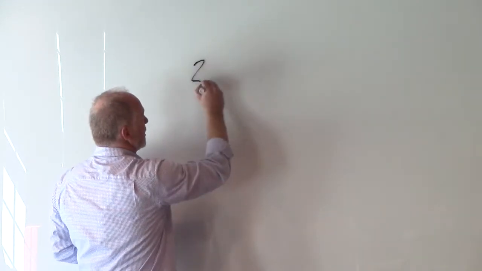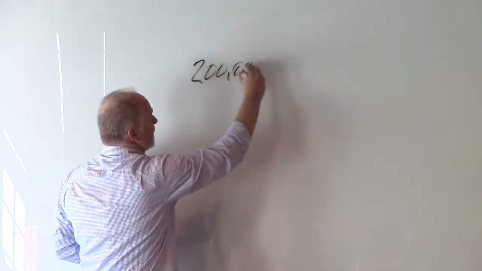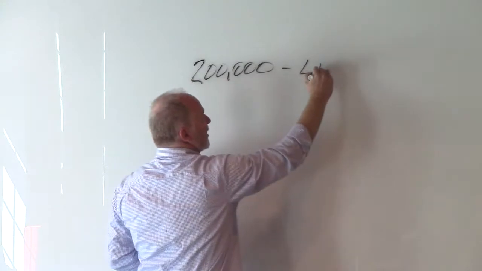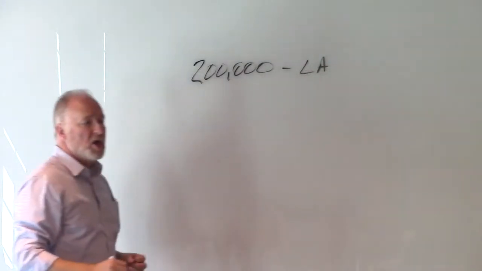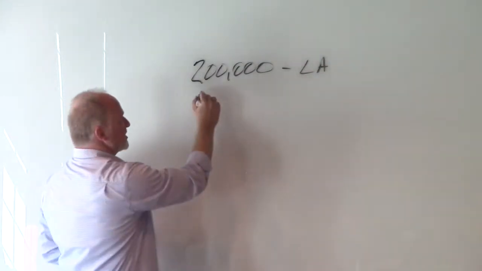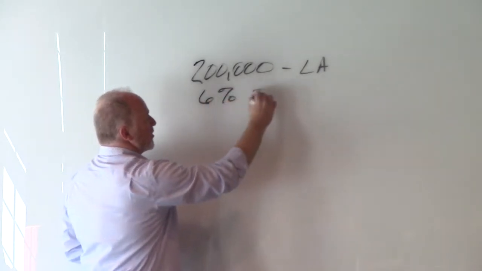Completely making these numbers up, and I am going to use 200,000 again because I have the numbers memorized for 200,000. But here's the situation. You have a loan of $200,000. That loan amount. Your interest rate is 6%, 30 years.